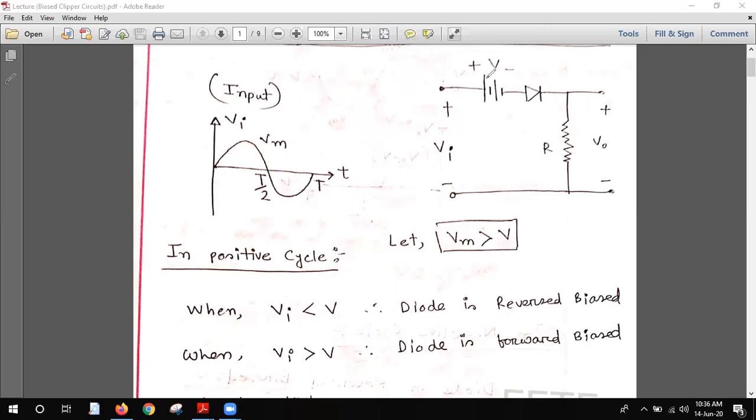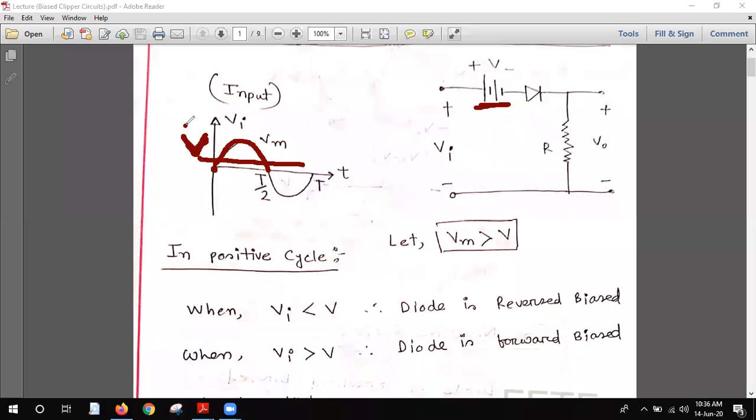Not clear probably. Suppose this is the positive cycle. You see that this is the positive cycle, Vi. And you see that this is the DC voltage. Suppose this is the value, the DC voltage V. So when Vi is 0, at that time definitely the value of V is bigger.